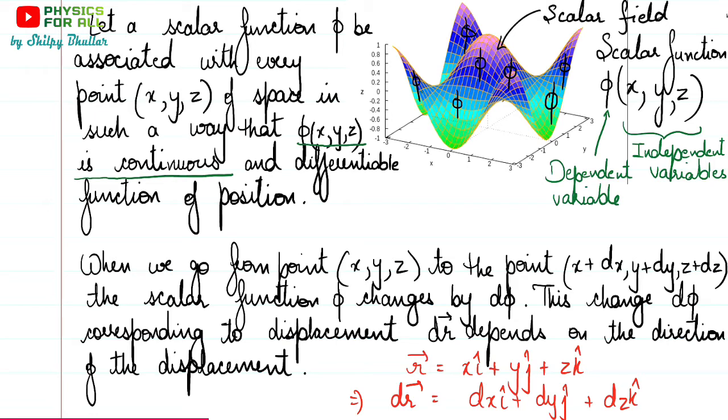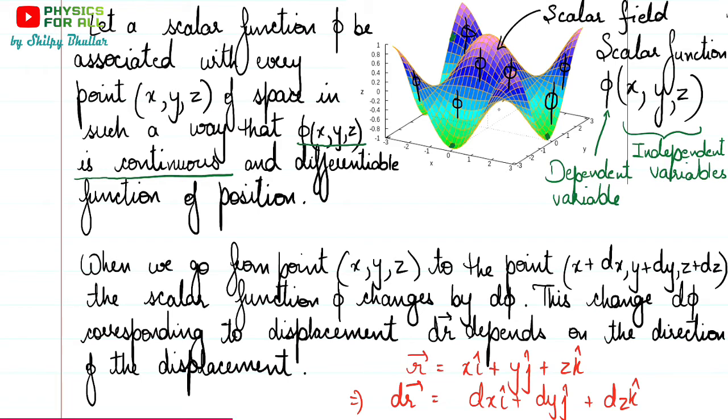At every point, you will find the same function. No matter where you look, at this square, this sphere, or this square, you would find phi depending on x, y, z. So this whole curve represents phi.